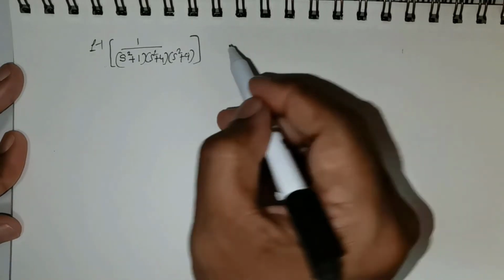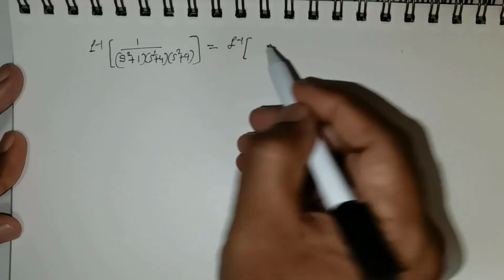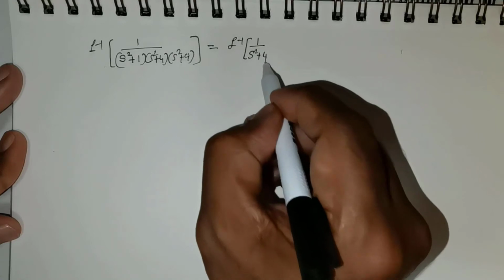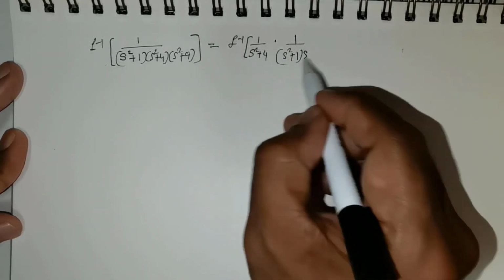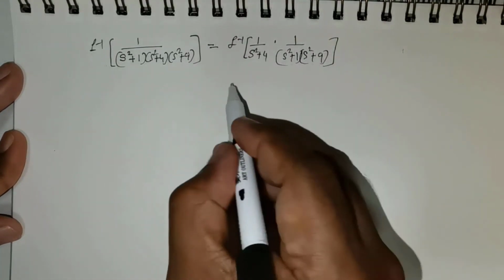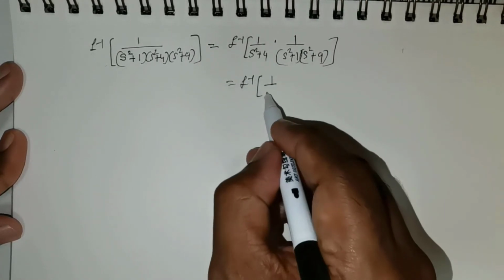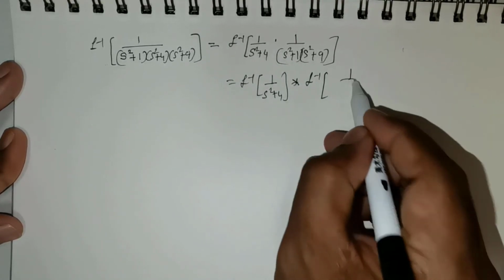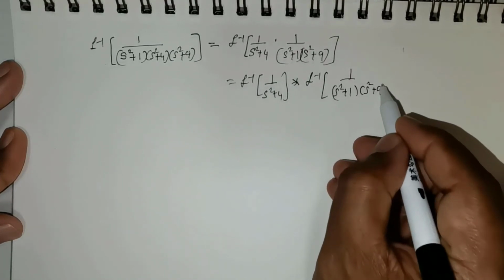This was the original question, and we started off rewriting it in this fashion: 1 over s squared plus 4 times 1 over s squared plus 1 times s squared plus 9, and then we can actually have this as 1 over s squared plus 4 asterisk L inverse of 1 over s squared plus 1 times s squared plus 9.